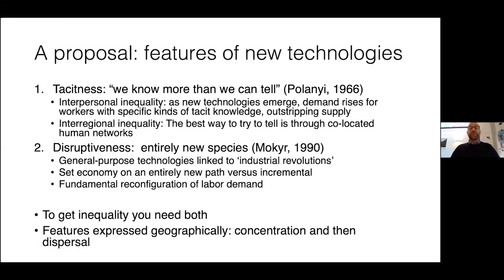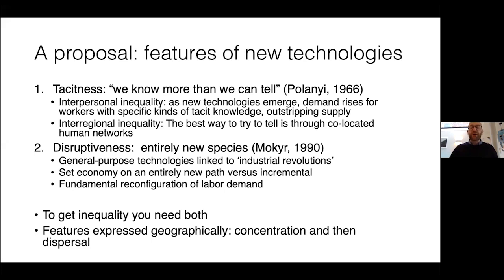We can also think about the geographical dimension of this in the sense that when we know more than we can tell, the best way to try and tell is through co-located human networks. In other words, as economic geographers, we know that we get together in space to share tacit knowledge. And this could give this inequality at the interpersonal level a geographical expression.